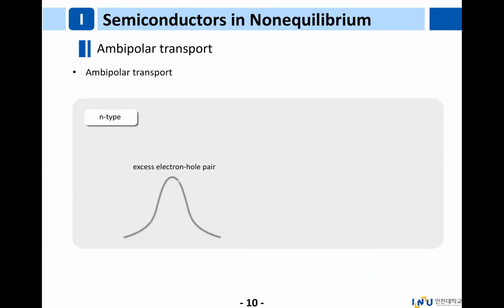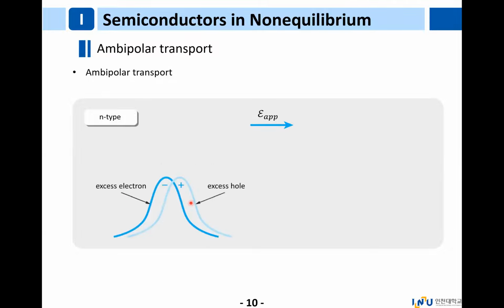Then let's conclude this class with a brief explanation of ambipolar transport. What happens if excess electrons and holes are generated at a specific point in a semiconductor and an electric field is applied? Electrons and holes having opposite charge would naturally move in opposite directions, right?